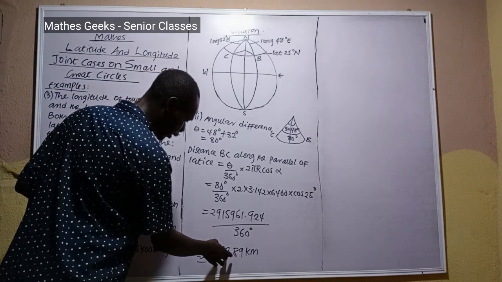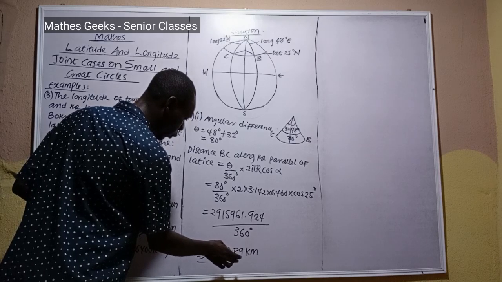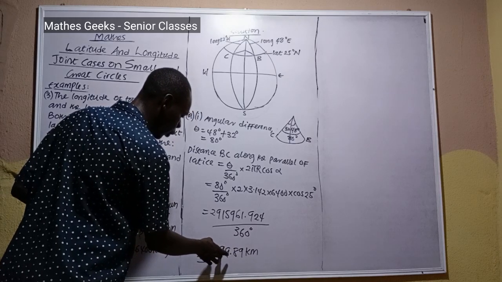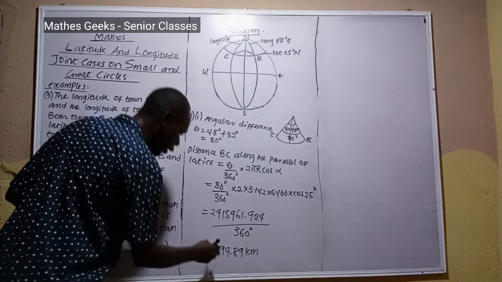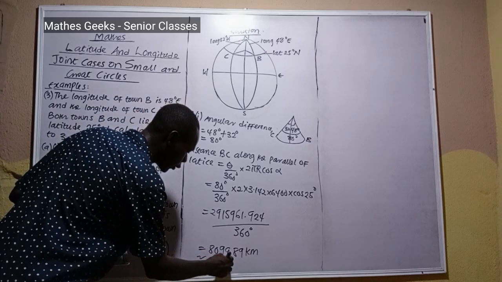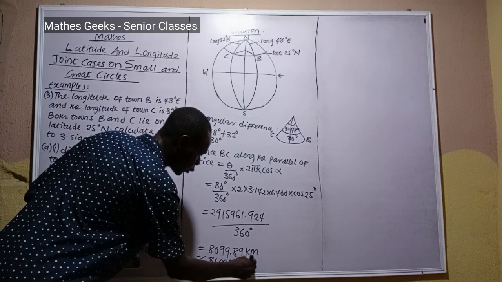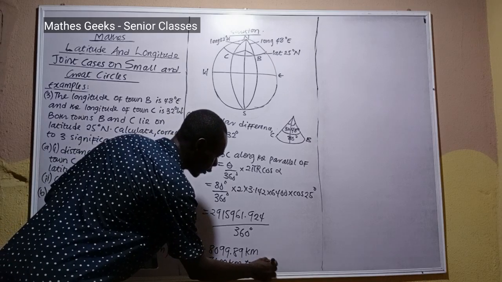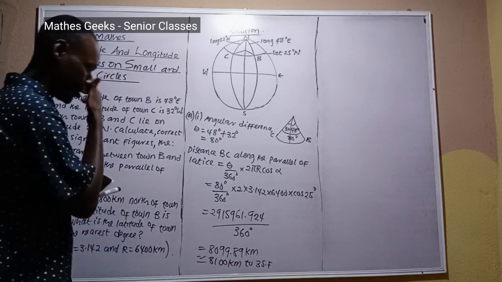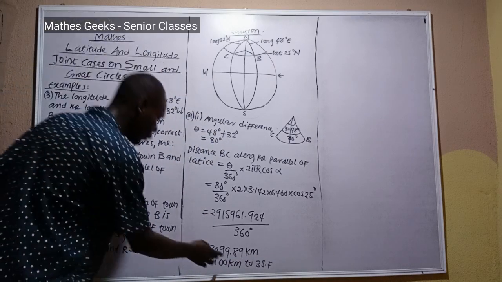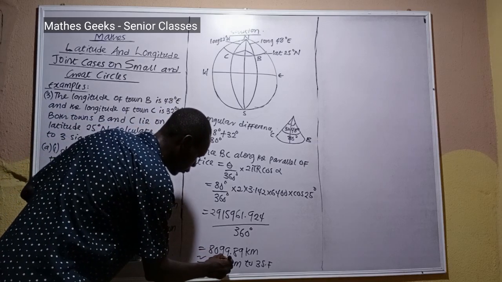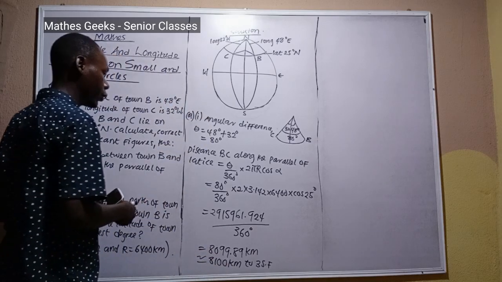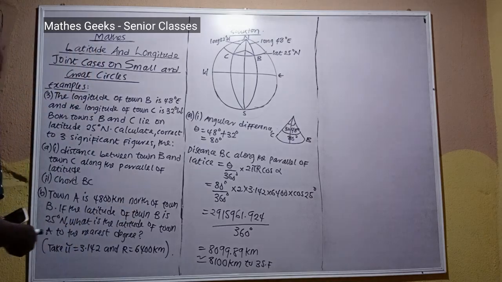So the next one is 9. Round up, bring 0, add 1 to this, 9 becomes 10. Rather 0, bring the 1 over here, so it becomes 8,100 kilometers to three significant figures.